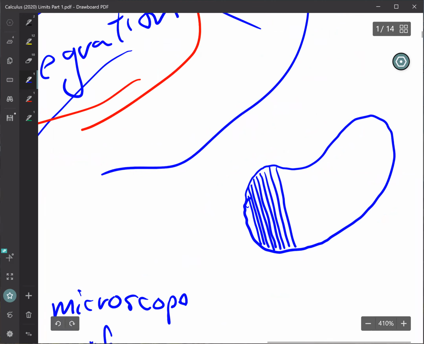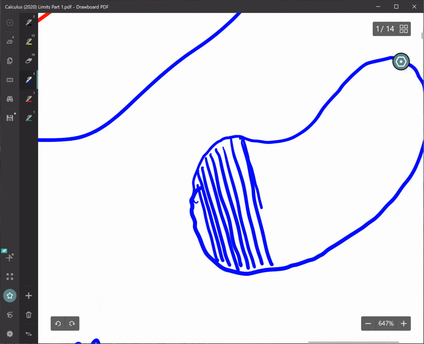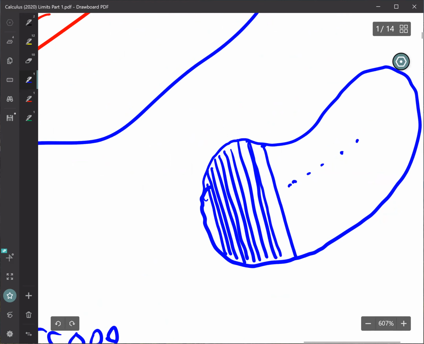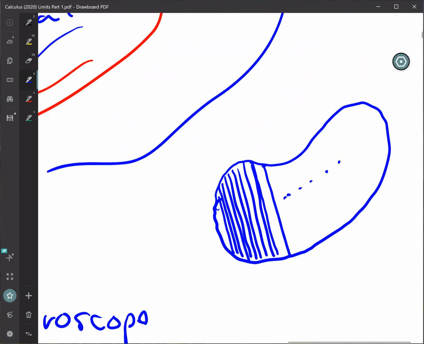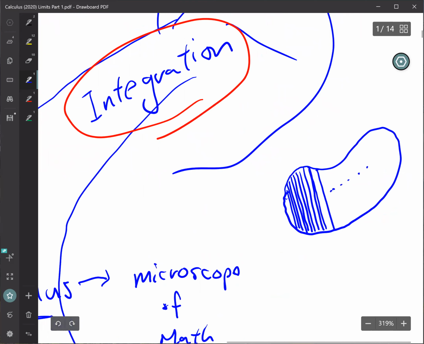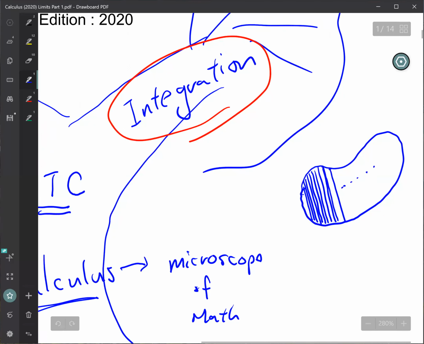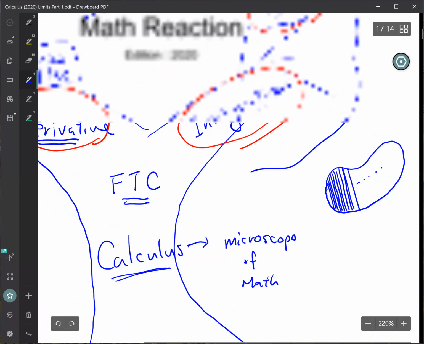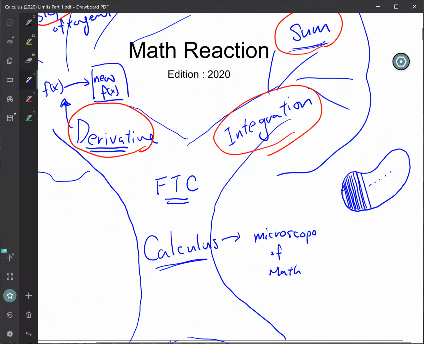If we're able to find the area of every single line, because each line is kind of like a little rectangle with a length and width, and we keep on adding up, then we get the area of the rounded side, which is not a straight side. So that's the idea of calculus.